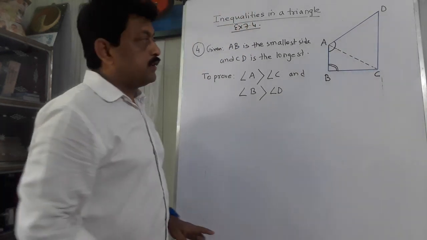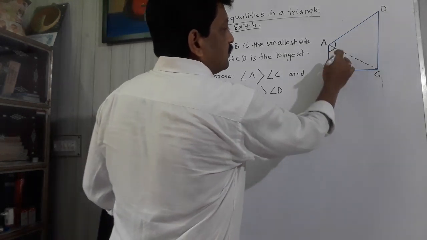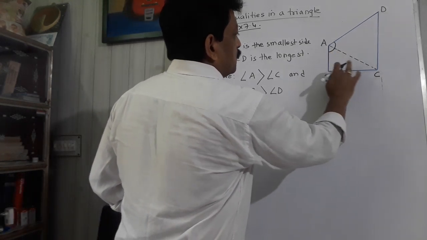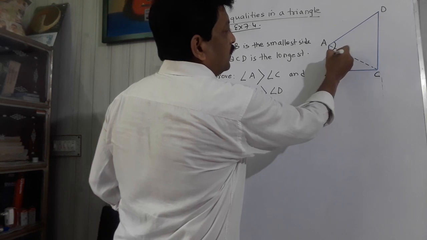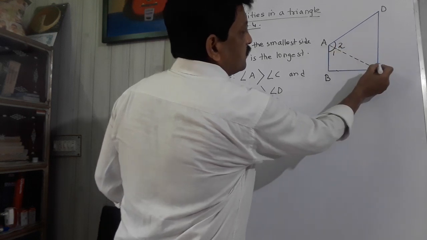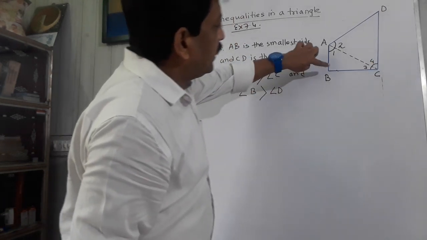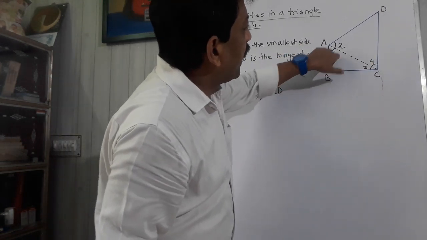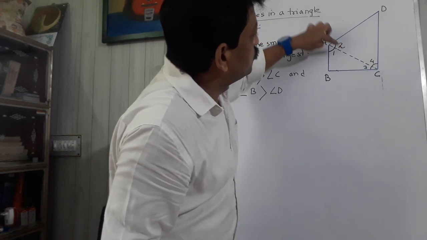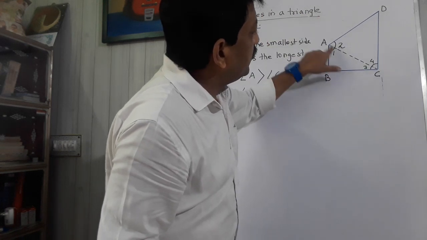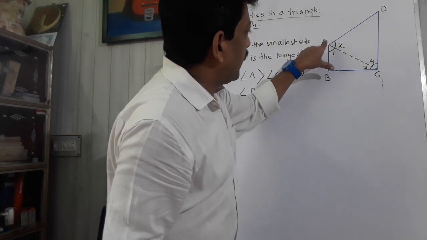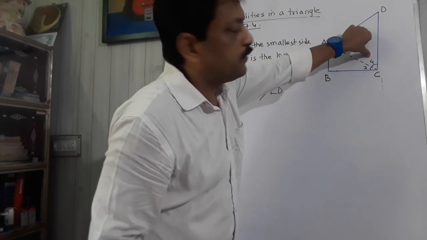Now let me mark the angles. Let me mark these angles as 1, 2 and these angles as 3 and 4. That is, angle BAC is 1 and angle DAC is 2. Similarly, angle ACB is 3 and angle ACD is 4.